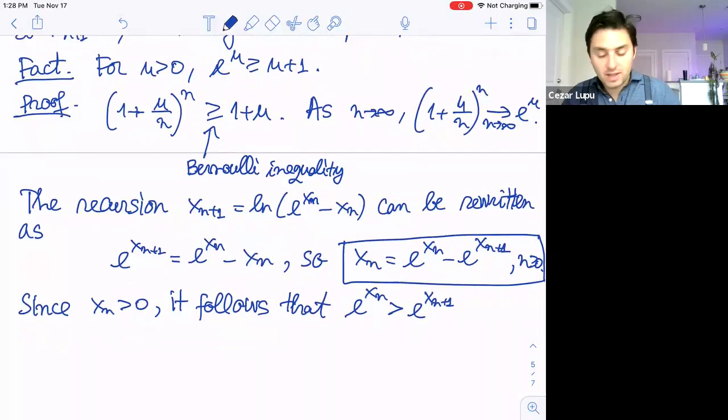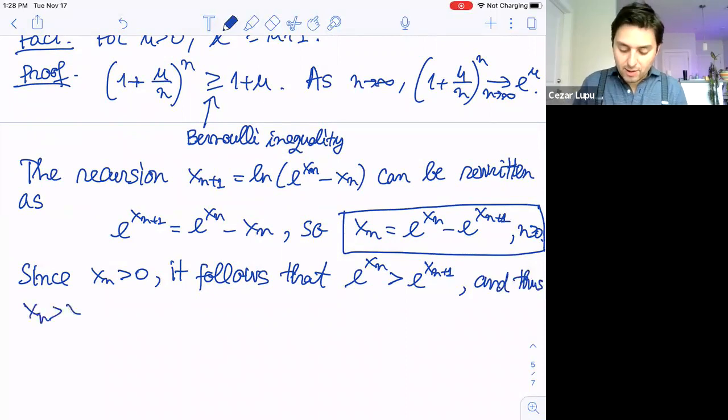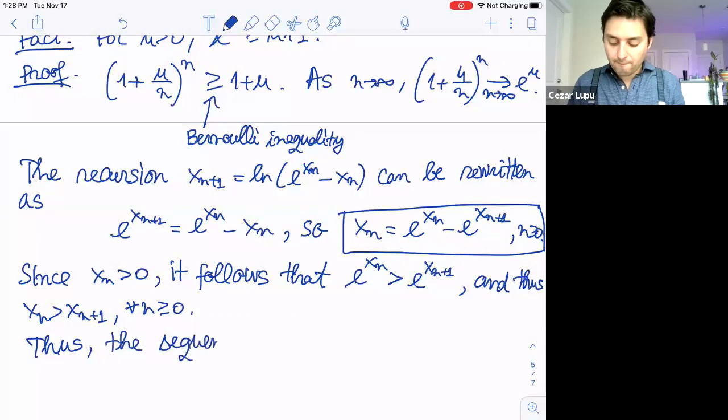But since the exponential function is increasing, it follows that xn is greater than xn plus 1 for all n greater or equal to 0. So the sequence is what? Decreasing.